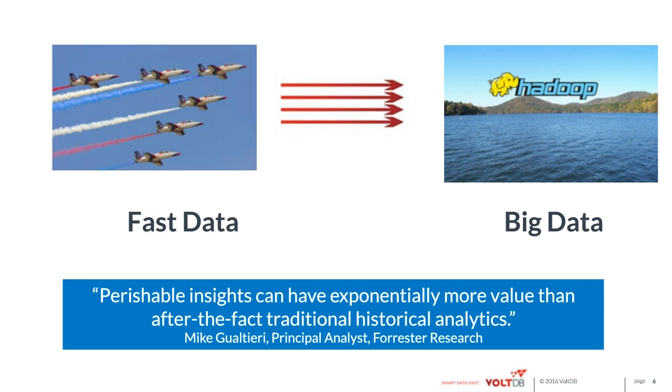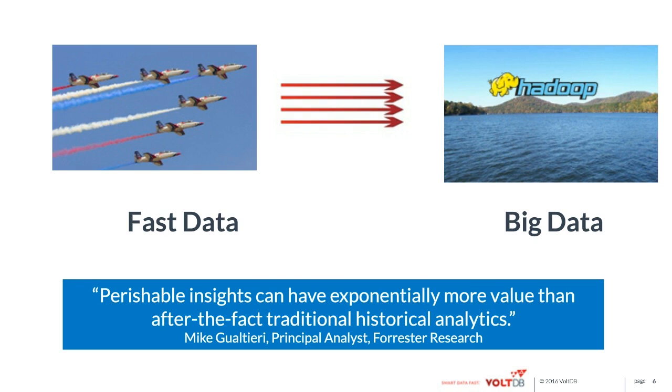So Mike Gualtieri from Forrester Research calls these insights perishable insights, compared to the perennial insights that you would be able to extract out of the big data. The fast data insights are perishable because once it's gone beyond the point of context, it has become stale, essentially. So you want to tap into it while it's fresh and your decision and the action based on the decision is relevant.